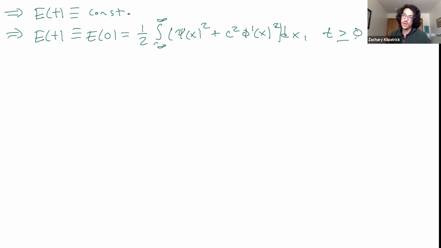So my constant energy of my system is just given to me by this calculation that I can get from my initial conditions.